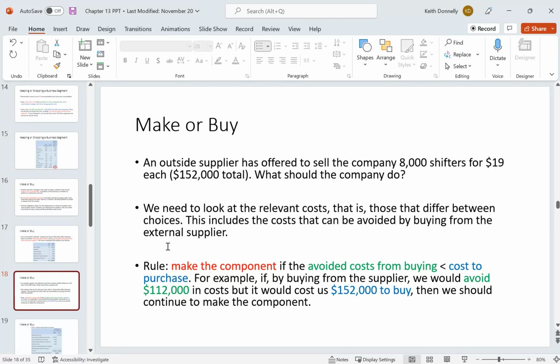So, for example, if by buying from the supplier we would avoid $112,000 in cost, but it would cost us $152,000 to buy, then we should continue to make the component. This is the general rule. If you fail it, then the opposite is going to happen. If you fail this rule, if it's greater than, well, then you should buy the component.